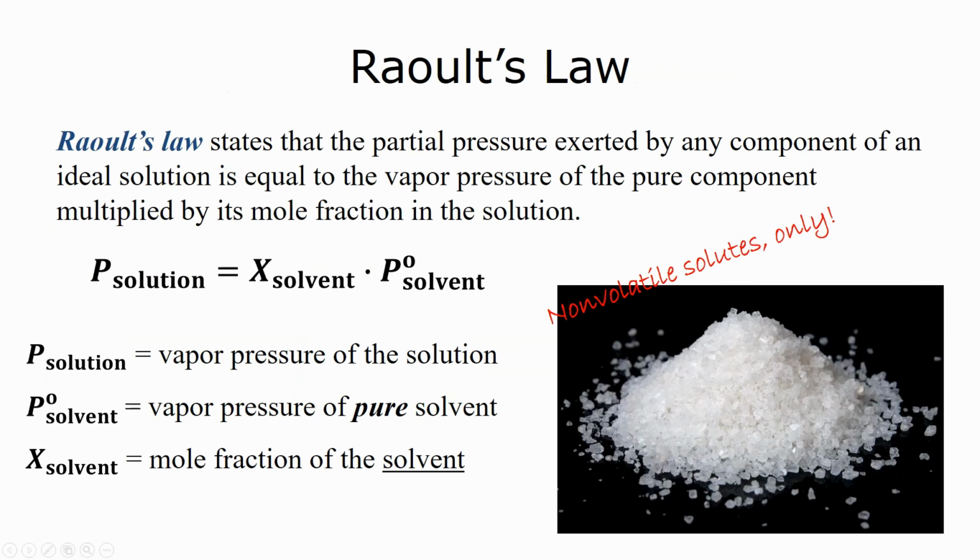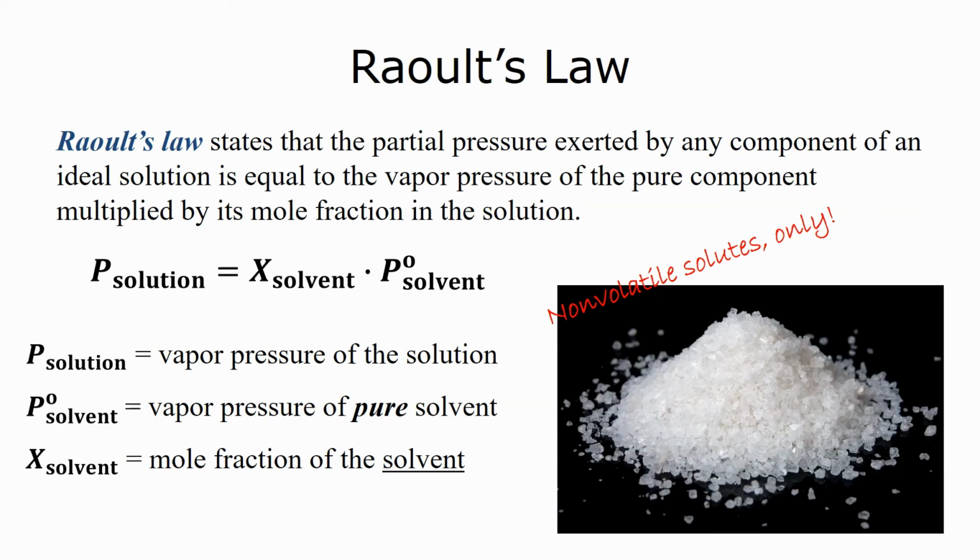Now, Raoult's law states that the partial pressure exerted by any component of an ideal solution is equal to the vapor pressure of the pure component multiplied by its mole fraction in solution. Now, you've probably seen a lot of different formulas for this, but this is the easiest one. What we want to do is calculate the partial pressure of the solution, and for that we need to know the mole fraction not of the solute, but of the solvent.